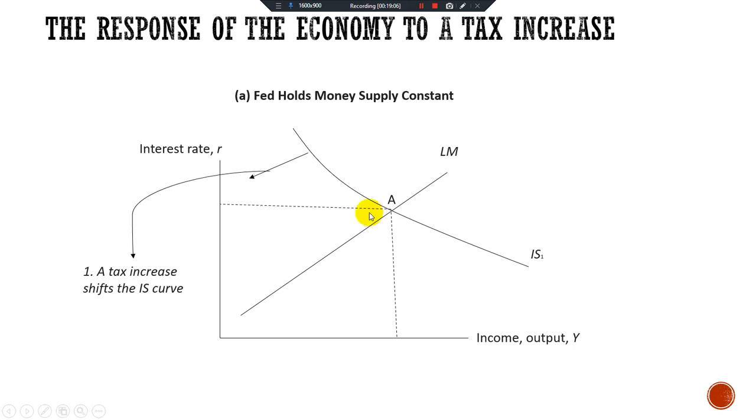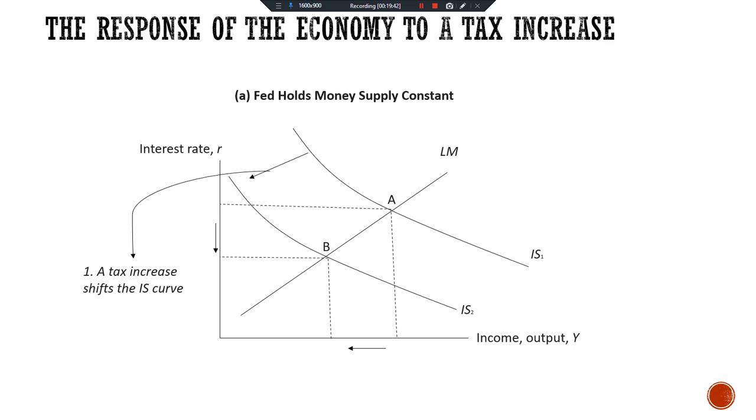Here we are at equilibrium at A. A tax increase shifts the IS curve downward, so we have IS2 here, and we have a decrease in income as well. An increase in taxes will lower the interest rate in the economy. We have a lower level of interest rate and a new equilibrium at point B.